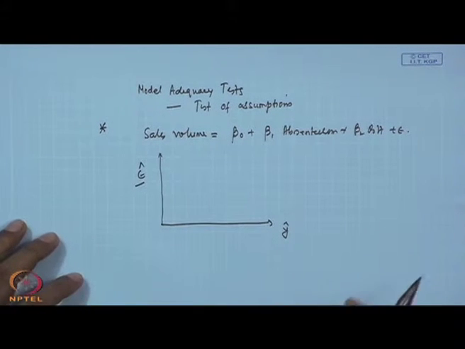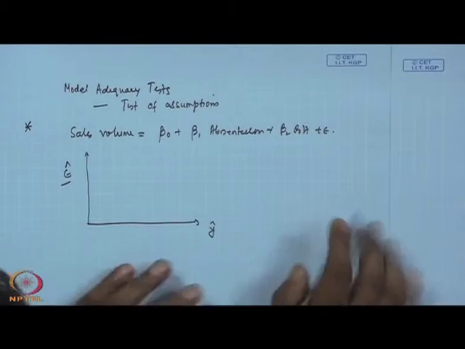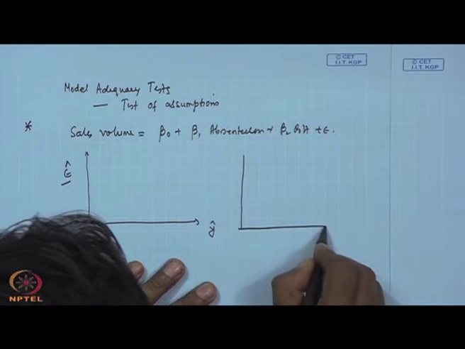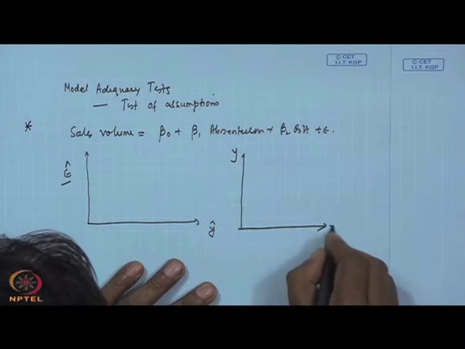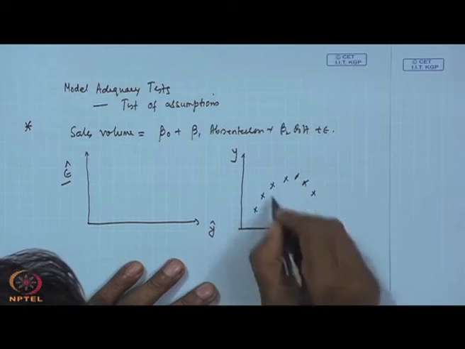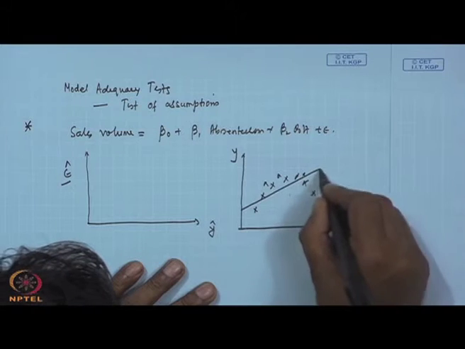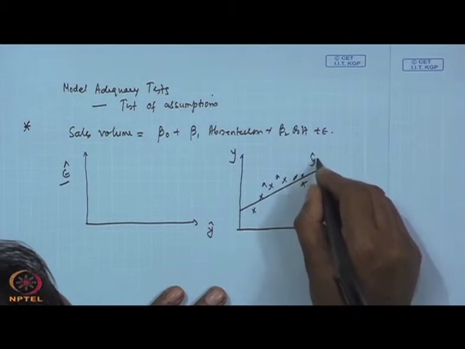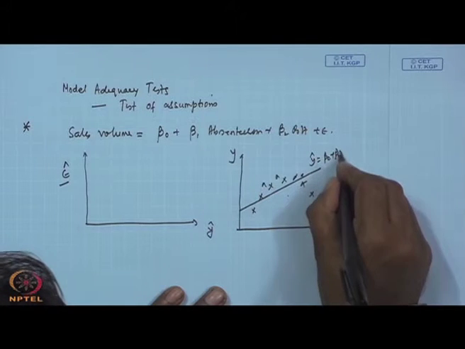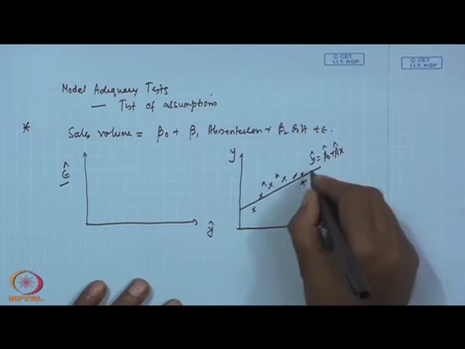and if there is anything that is departure from linearity, then what will happen? The scenario will be like this. Suppose you took y versus x, then your data points are like this. Now, if you fit a linear model, this is y cap equals beta 0 cap plus beta 1 cap x, the regression line.